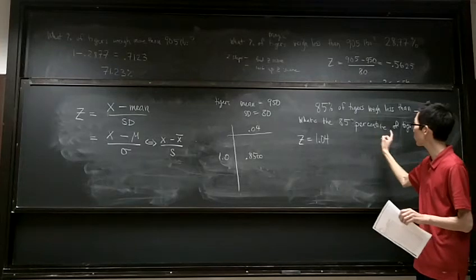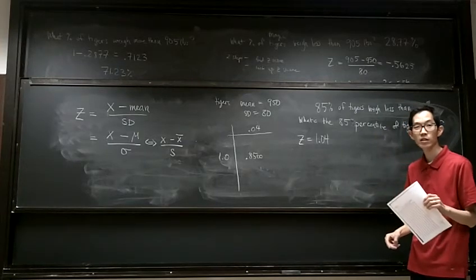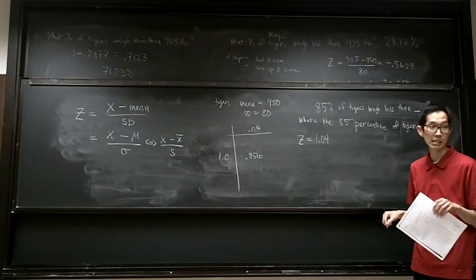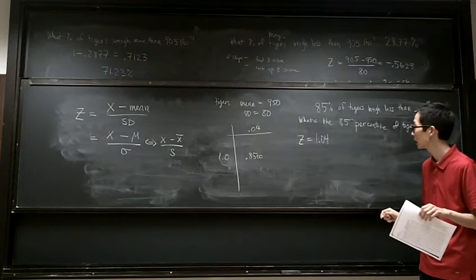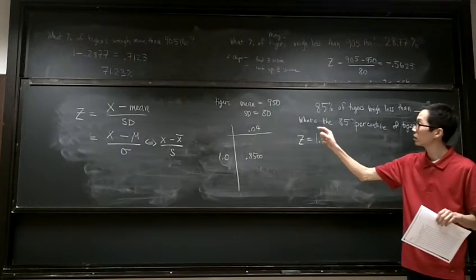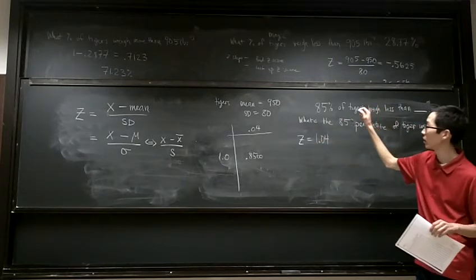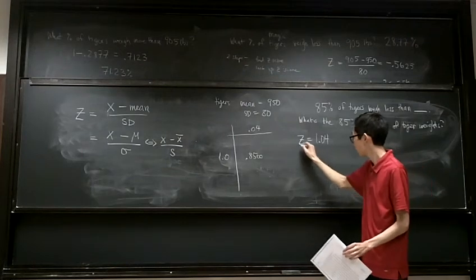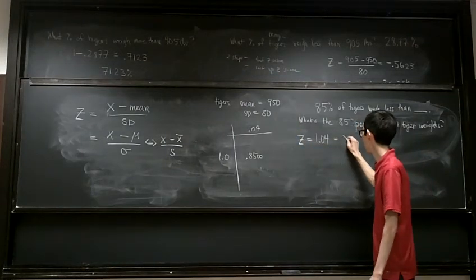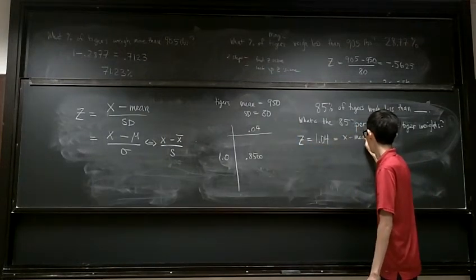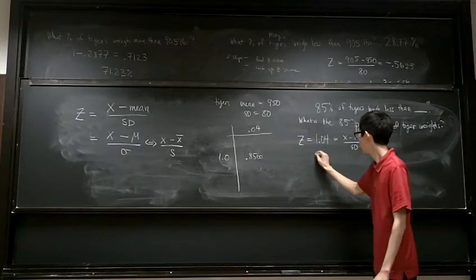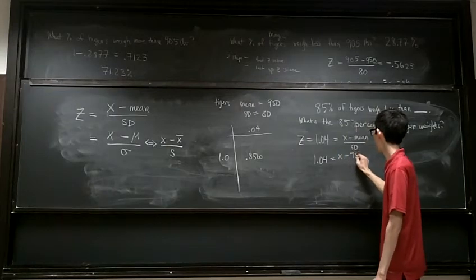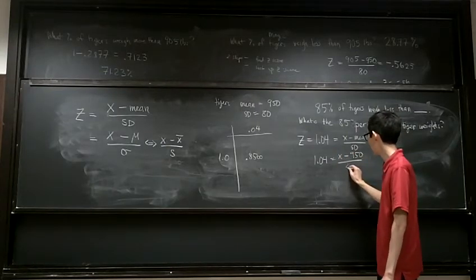Is that the weight of tigers? No. How do I turn this back into the weight of tigers? Each standard deviation is 80 pounds, so if I use z equals x minus the mean over the standard deviation, I have 1.04 equals x minus the mean of 950, divided by the standard deviation of 80.